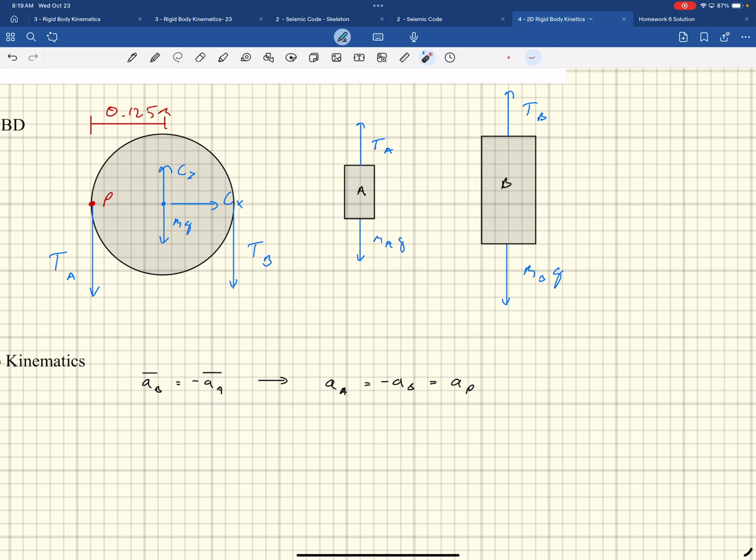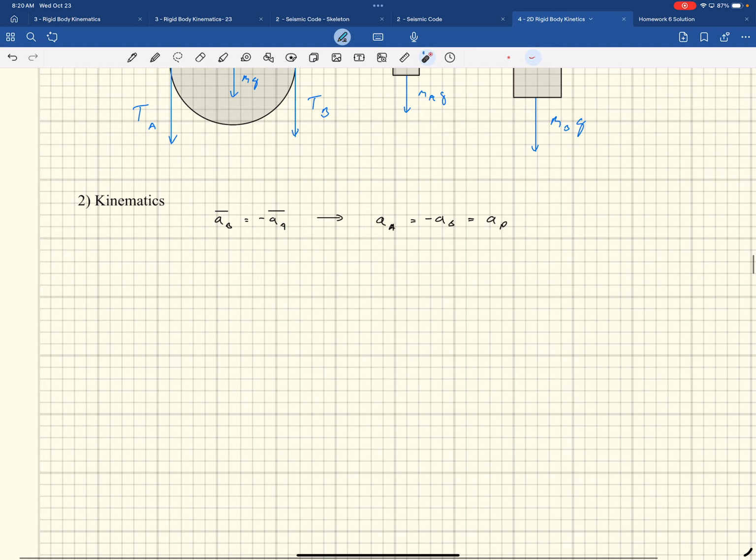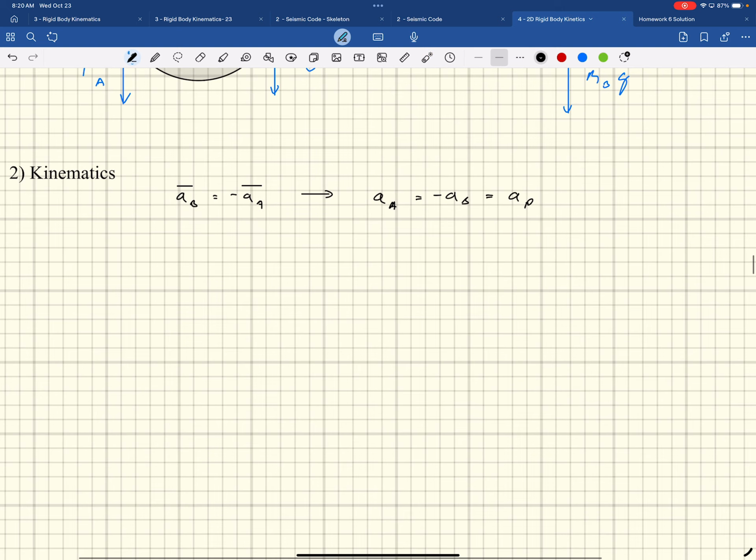Or, if you're not sure about it, then we're just going to go back to our kinematic equation and say, well, I know the acceleration at this point, and I can take a step from here out to here. If you're a little unclear and you don't just see that it's R times alpha, then absolutely do that, okay? And so let's do that. So we'll say AP, get your signs right and everything.